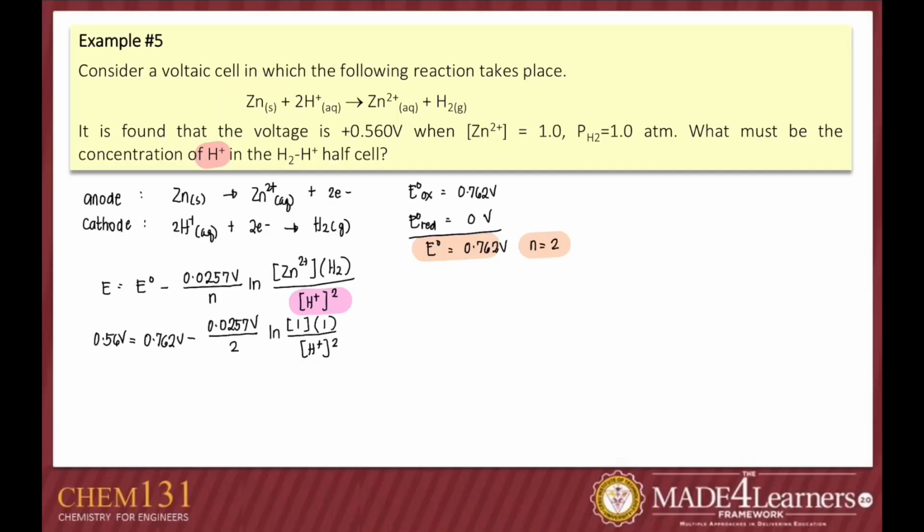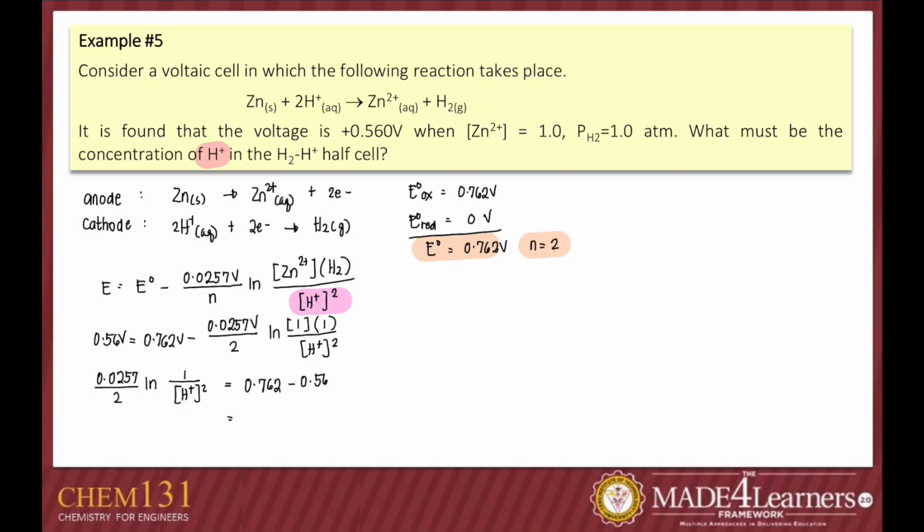Because this is just 1 in the numerator, we can just replace everything with 1. So this is 0.0257 over 2 times ln of 1 over H+ squared, equals 0.762 minus 0.56.